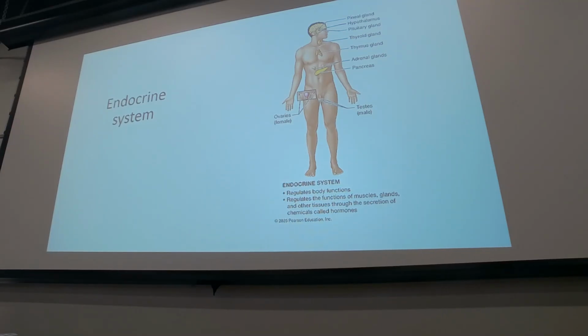Endocrine system consists of several organs that we call glands or tissues. And this system communicates by chemical messengers that we call hormones. Most of the time, these tissues or glands are not physically connected, and they're scattered throughout the body.